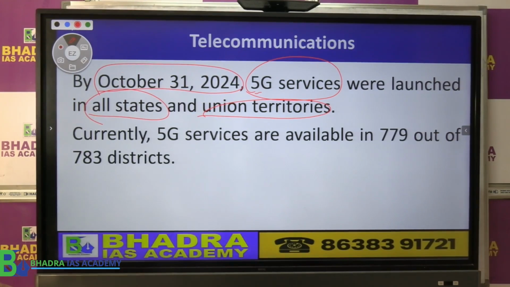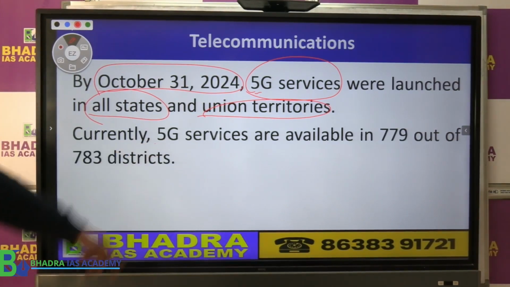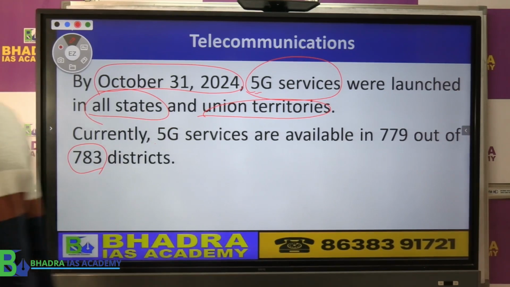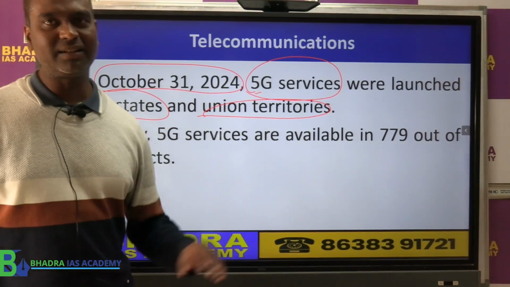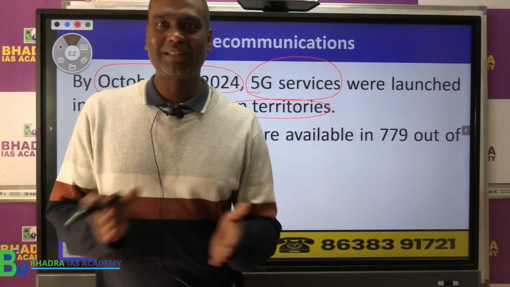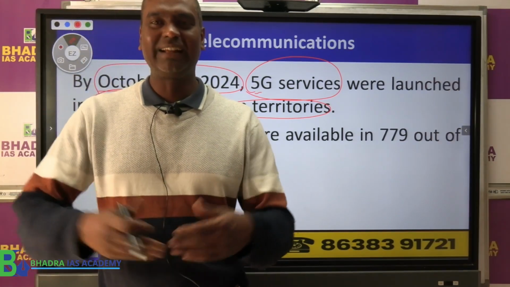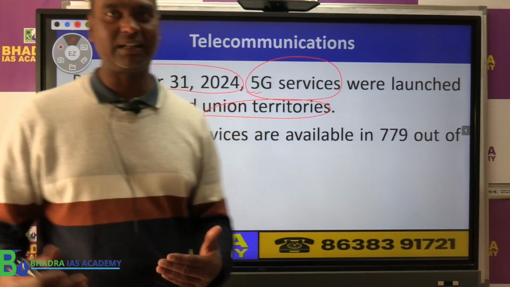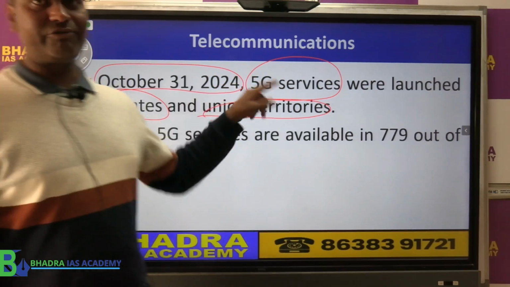Currently 5G services are available in 779 districts out of the total 783 districts. So what the Economic Survey says is that practically all of India is now able to access fast internet connectivity, what we call 5G.